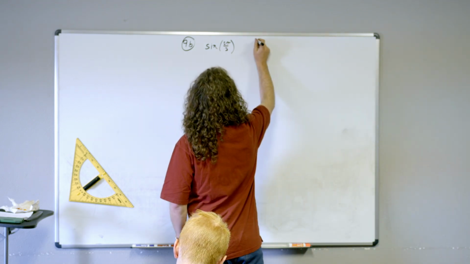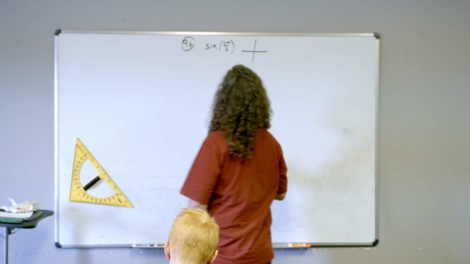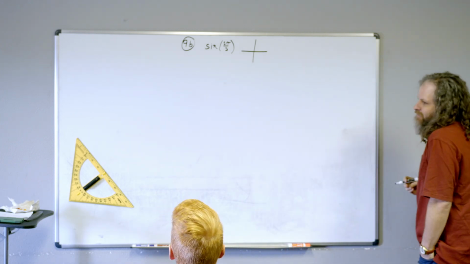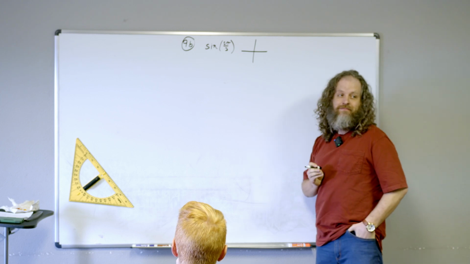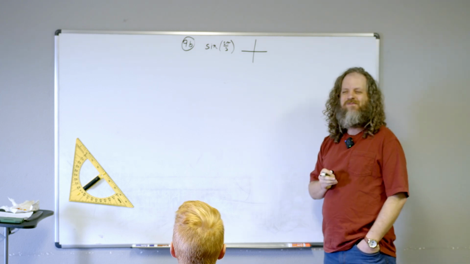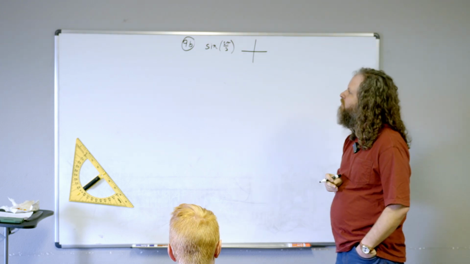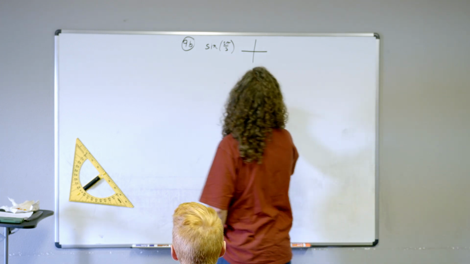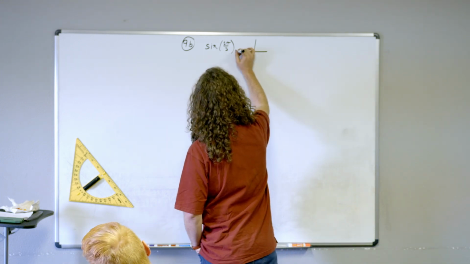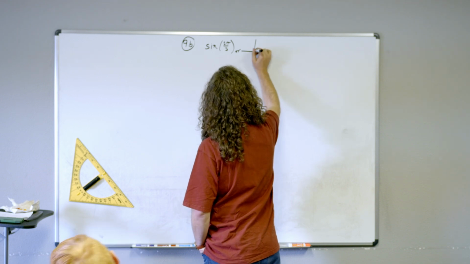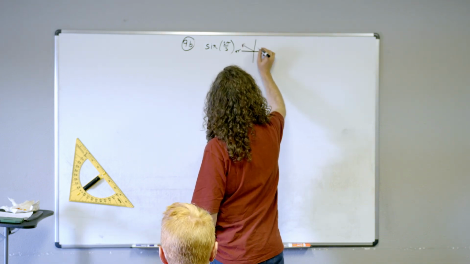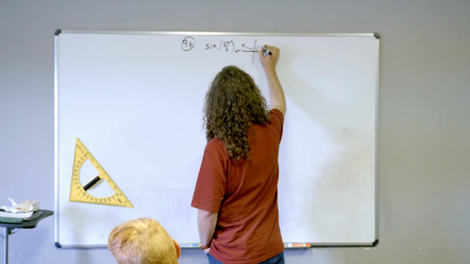So, where is 2 pi over 3? 2/3, so it's in the first quadrant. No, wait, it's in the second one because it's more than one half. This is pi, yeah? So it's 2/3 of pi. So it's about right there. That's 2 pi over 3.